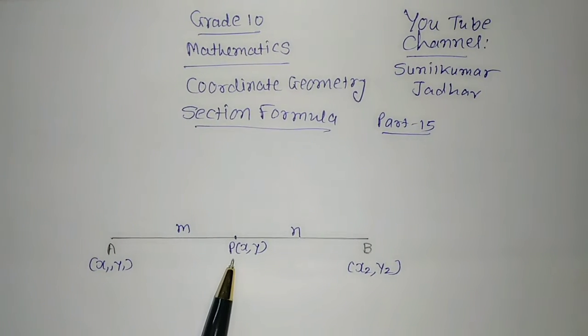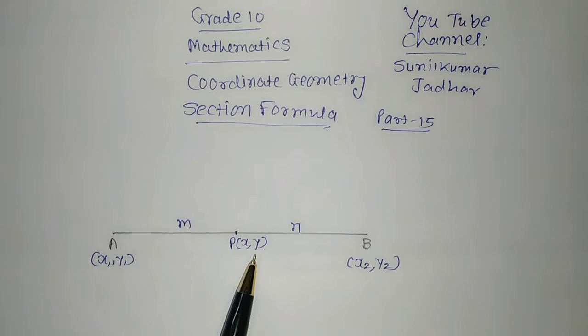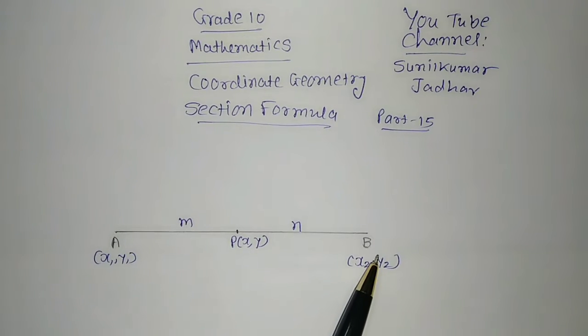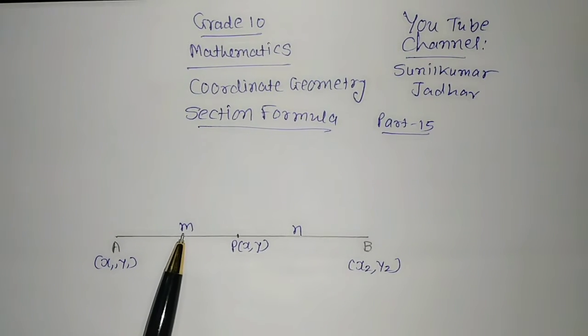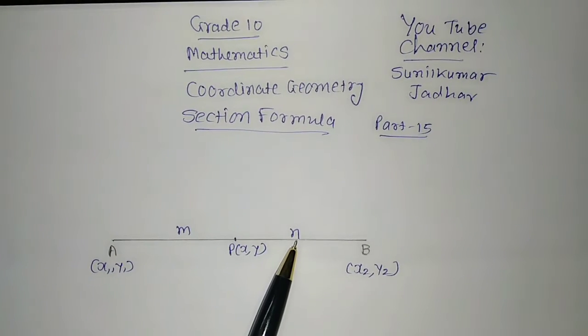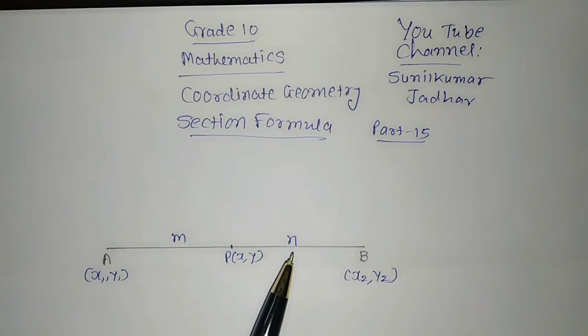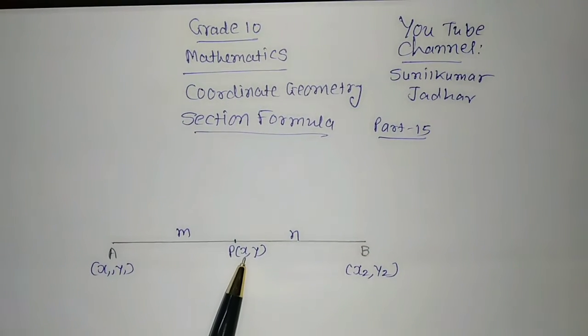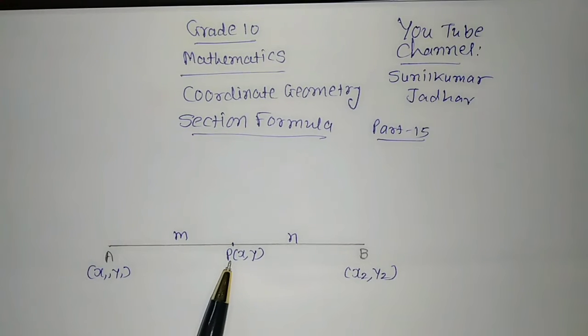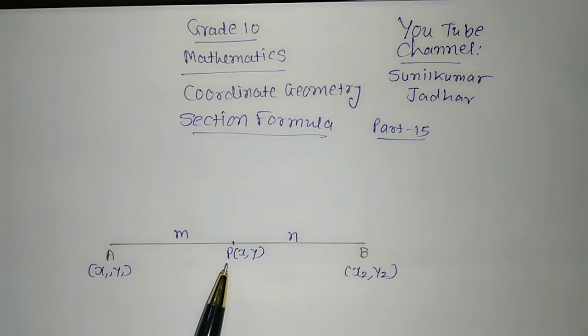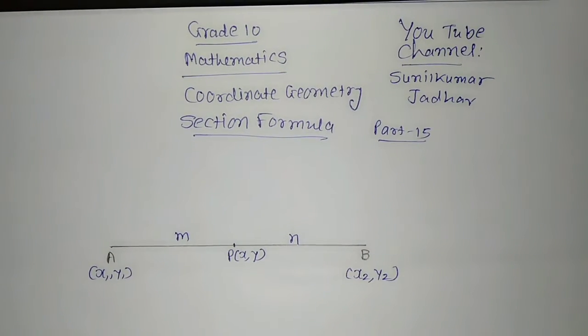If point P, which has coordinates (x, y), divides this line segment AB in the ratio of m is to n, then what would be the value of the x coordinate and y coordinate of P? That is what we can learn from this section formula.